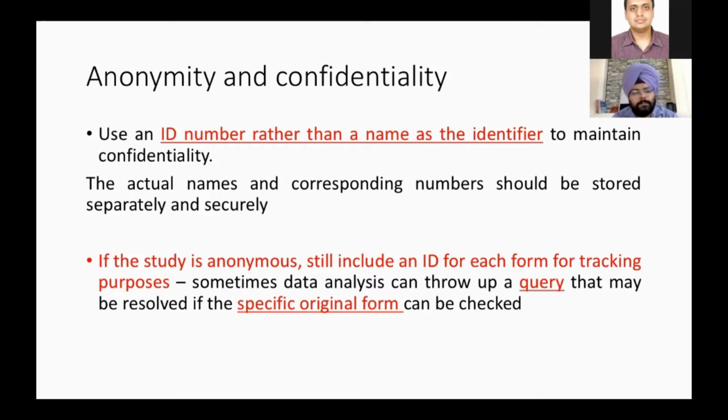Some diseases taken into consideration for research may have an associated social stigma, so it becomes even more important. So instead of name as an identifier, use a UID number, a unique ID number, or a hospital registration number, and the backup file linking the unique ID numbers or codes to the names of the persons should be stored separately and securely.